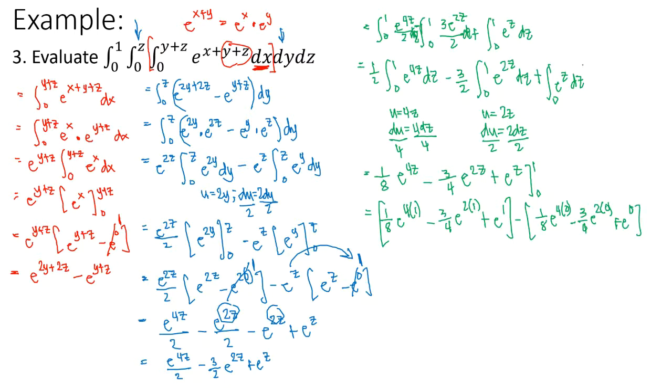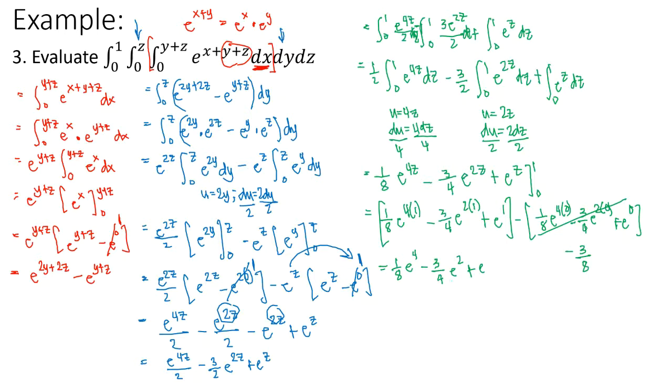So if you would evaluate, this is equivalent to negative 3 over 8, all of this. For the upper limit, this would become 1 over 8 e raised to 4, minus 3/4 e raised to 2, plus e.